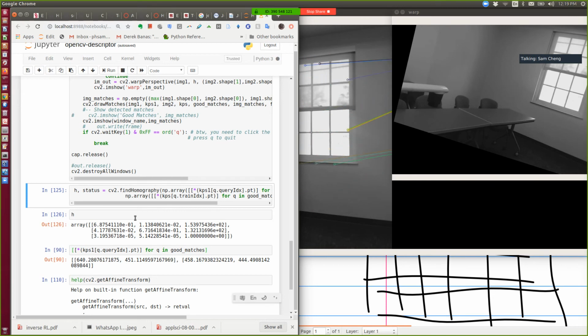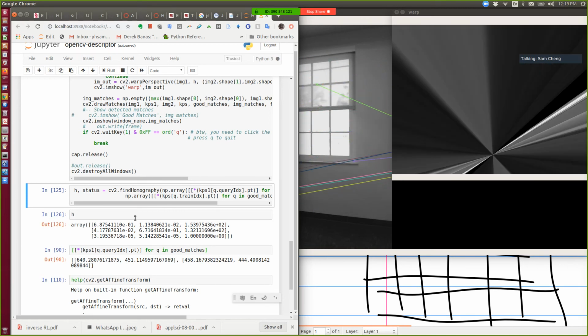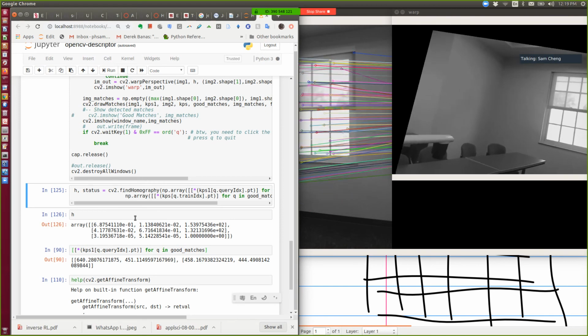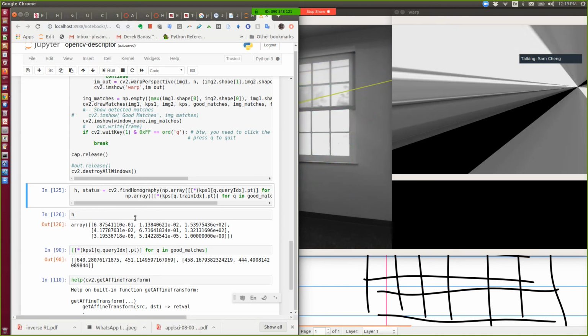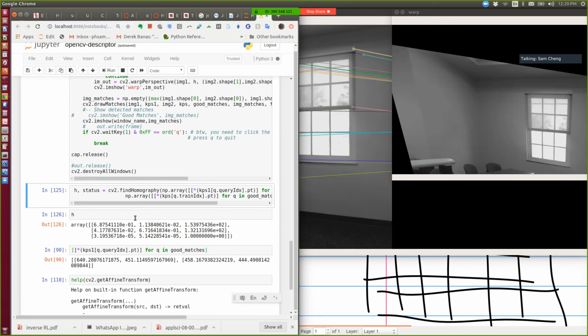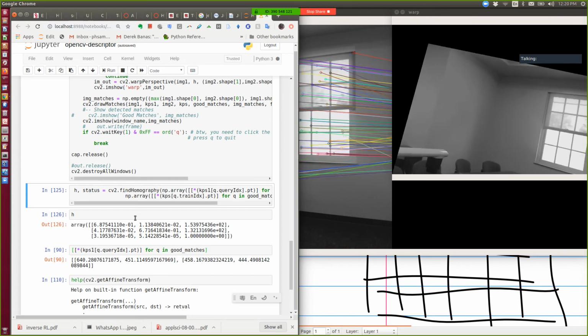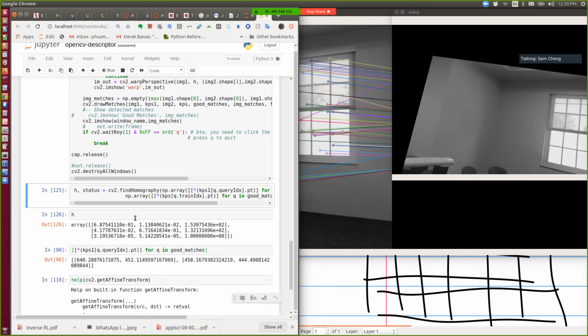Oh, I think it got crashed or something. No, it's not. So sometimes you see it fails crazily, because I don't have the right matrix now. The homography it found is totally wrong, so it warped to some wrong place. But of course, I'm doing this in real time now.